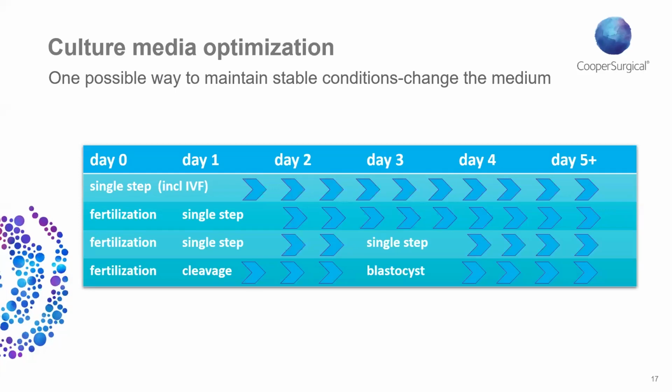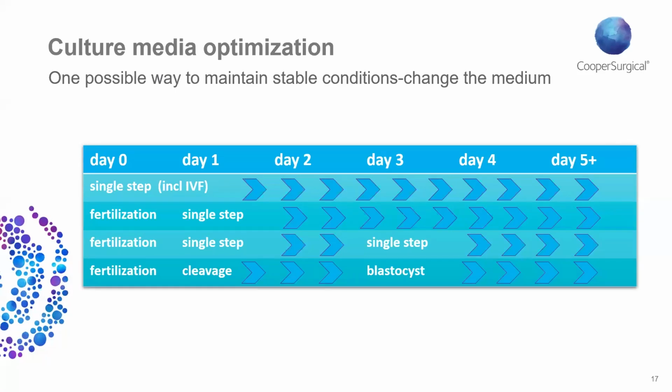We traditionally do it on day 3 because of its link to sequential media, but there's actually no reason to do it day 3. If you choose to do it on day 2, day 4, that's fine. I would always recommend changing the medium on day 5 if you have embryos still in culture and you've got early blastocysts that you want to go on to day 6 or day 7. In my opinion, the chance that a culture dish will remain fully optimal over the whole time frame up to day 7 when you've made the dish the day before egg collection is highly questionable.